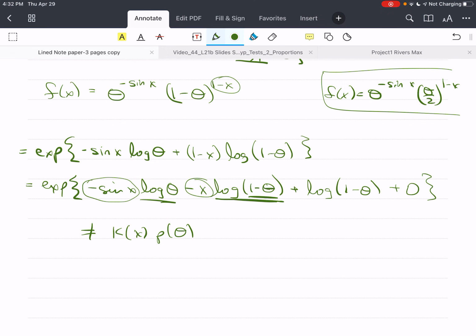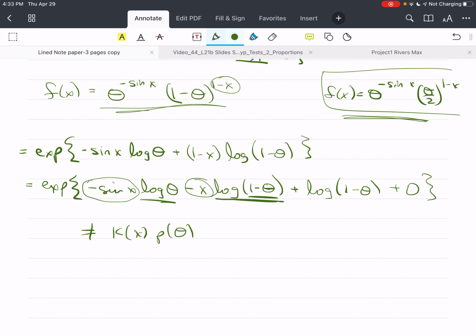And no, it's not equal to log of 1 minus log of theta. It is not that. So please don't do that. That's terrible, terrible algebra. We'll take many points off for doing that. Okay? So this is not an exponential family of distributions. It's very similar to this one, but it's different enough to where it's not.